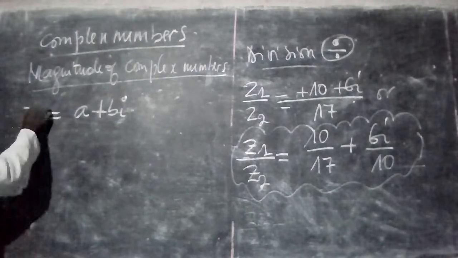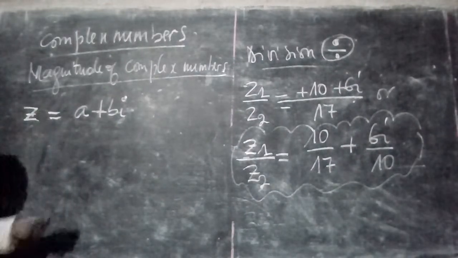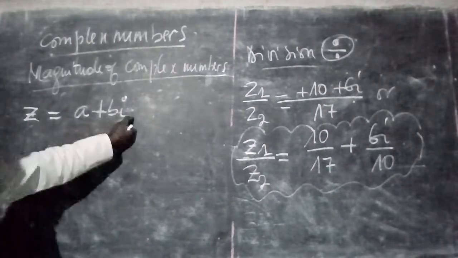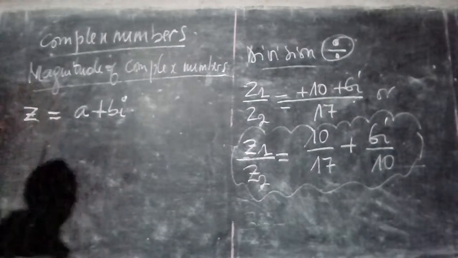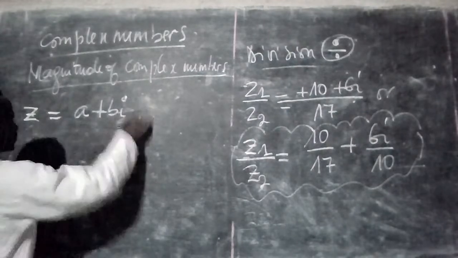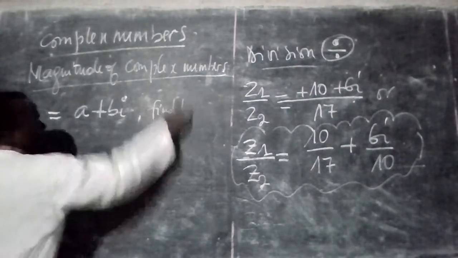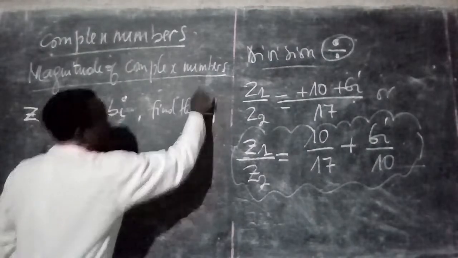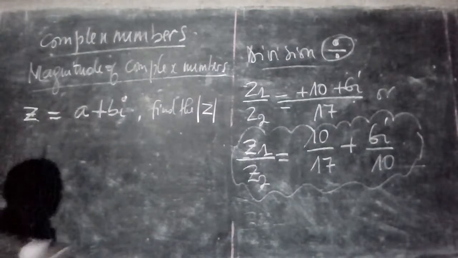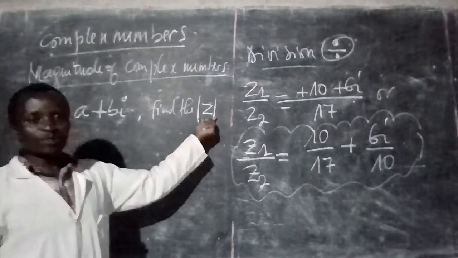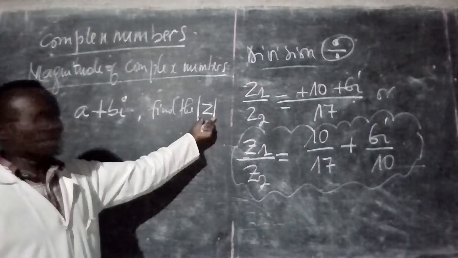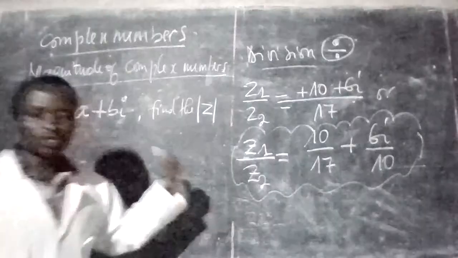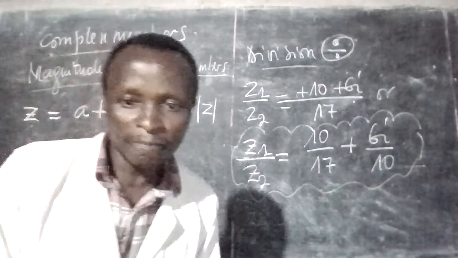Now let's have this Z as a complex number, and this Z is equal to A plus BI. How should we find the magnitude? It is the magnitude, it is in this form. This is a symbol which shows it is a magnitude of a complex number. How should we find the magnitude of complex numbers?